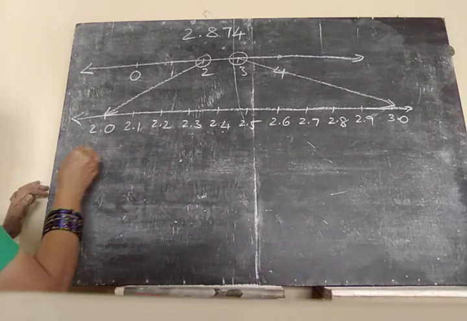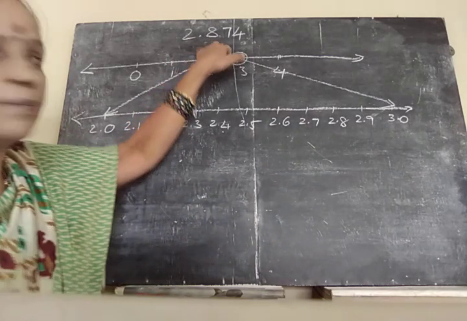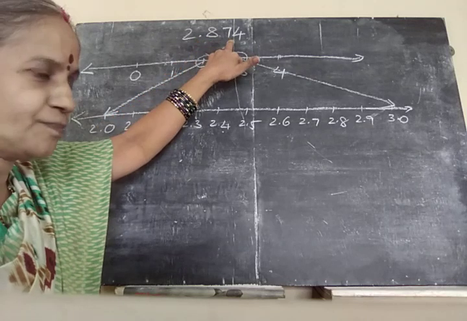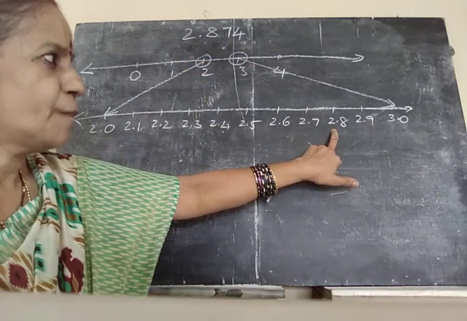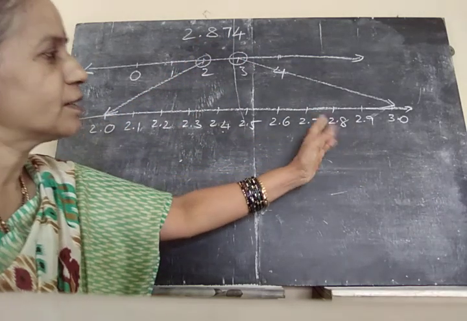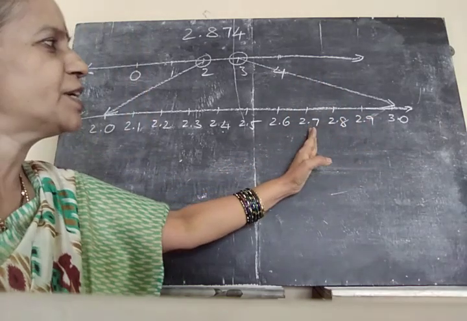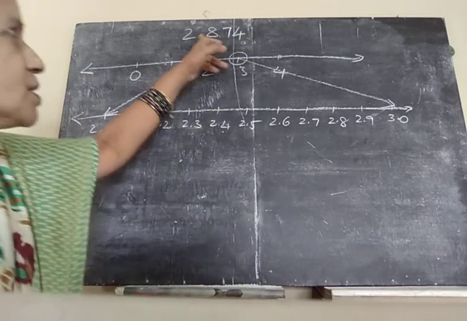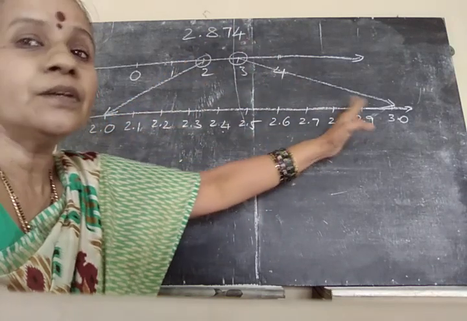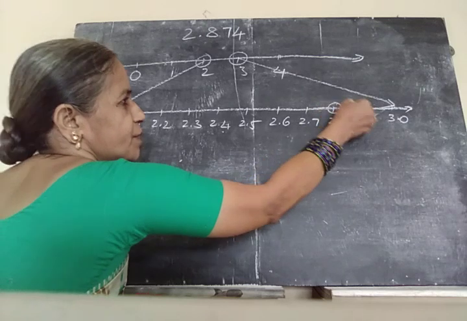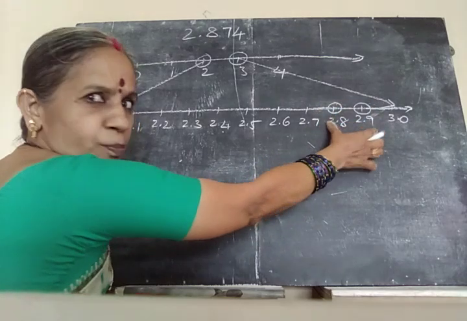Now third step. Here this is number 2.8. 2.87 is right in between 2.8 and 2.9 or in between 2.8 and 2.7? It is in between 2.8 and 2.9. So our number will be in between 2.8 and 2.9.